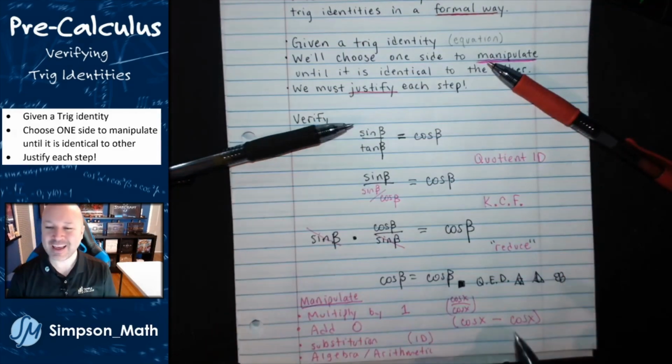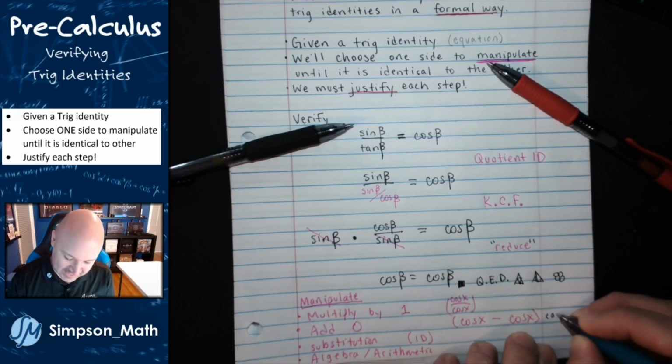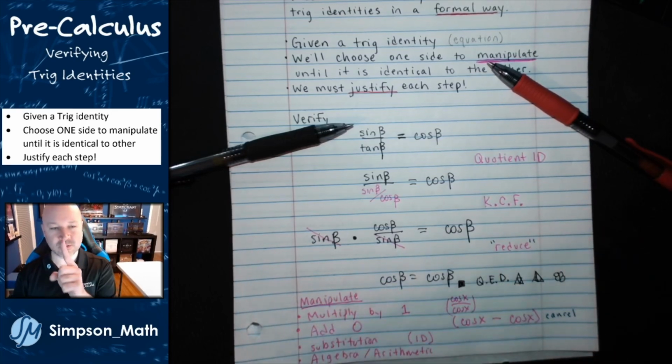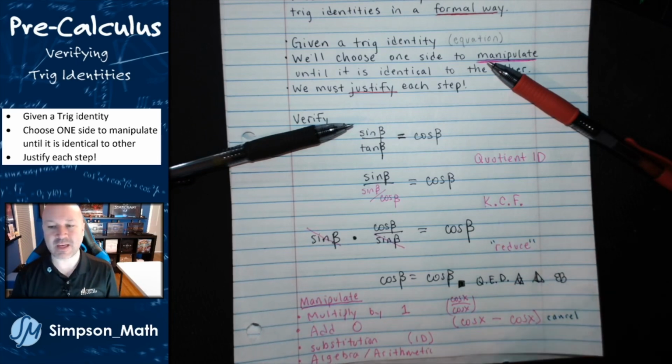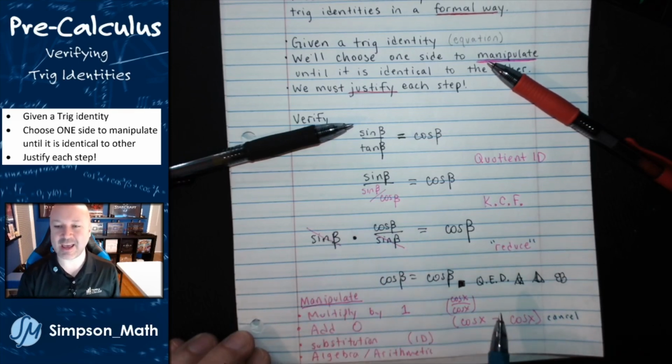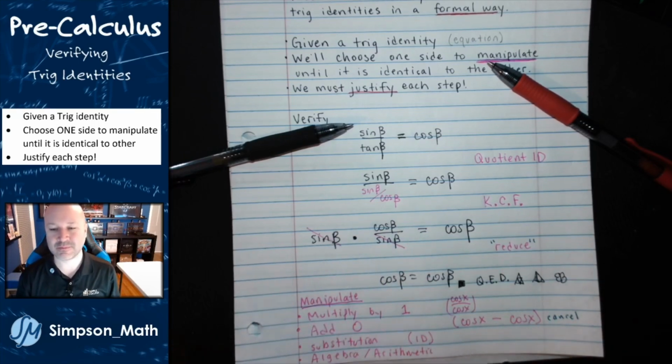But actually, no. Cancel means they go to 0. So this cosine x minus cosine x, this is cancel. These are reduce. So you reduce to 1, you cancel to 0. If that is confusing, then maybe you should use divide and subtract. That may be better.